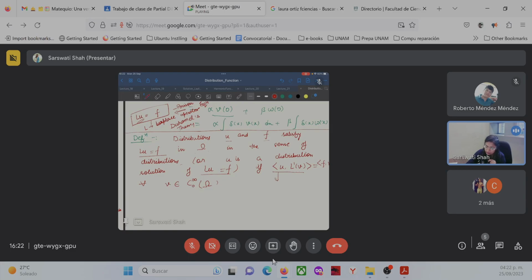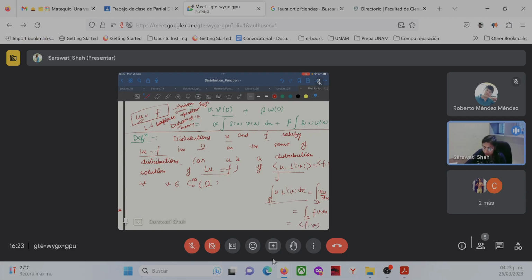So what is this? This is the integration of U L dash V dx over omega, which equals the integration of V L of U dx, and L of U is nothing but F, so we can write F of U dx.